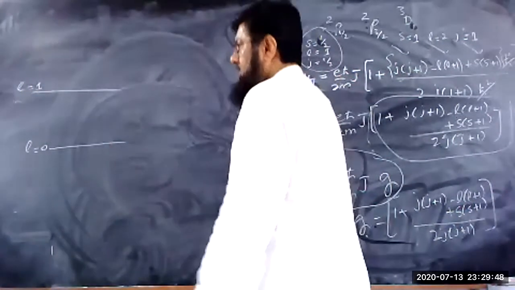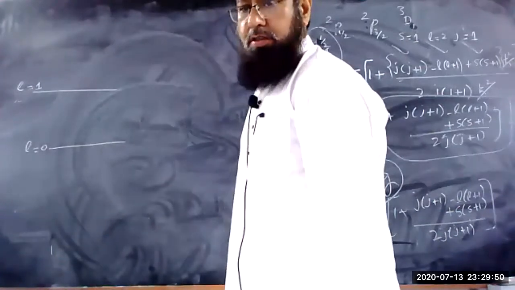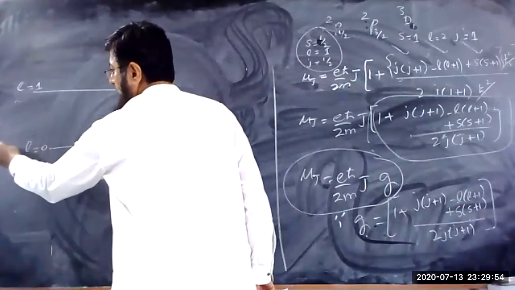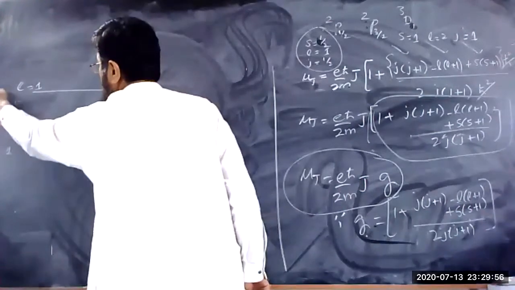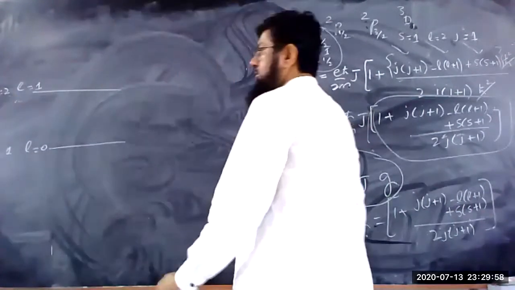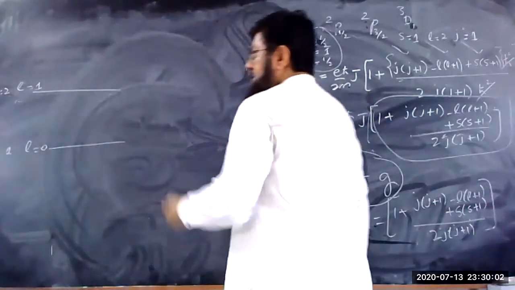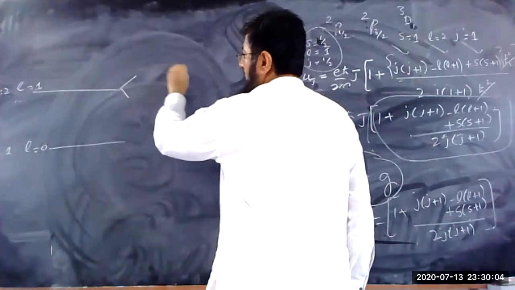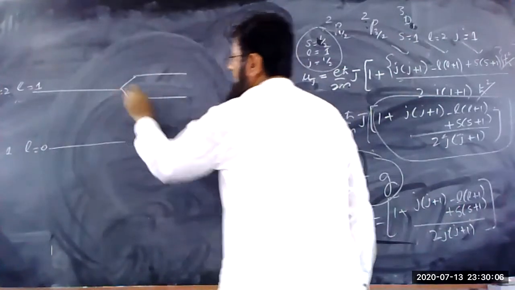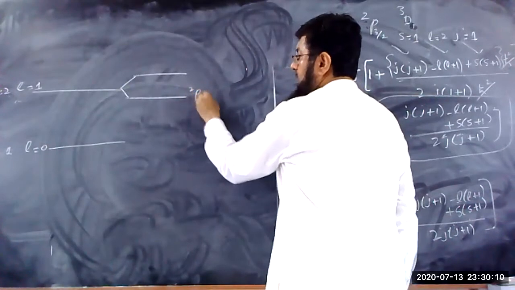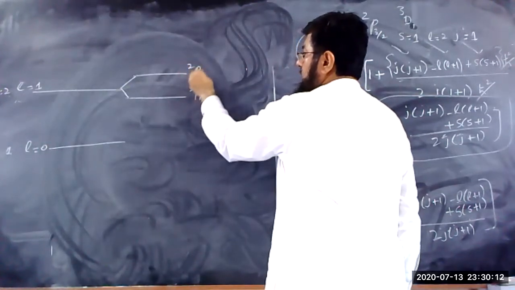We are taking a very simple example of the hydrogen atom. This is the ground state, N is equal to 1, and this is the first excited state, N is equal to 2. This level is split into two levels: one is 2p 1 by 2 and the other is 2p 3 by 2.